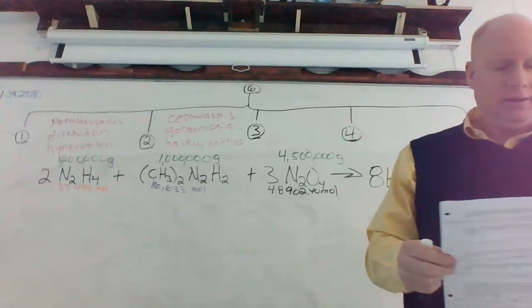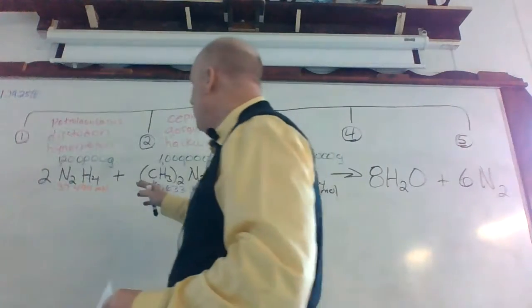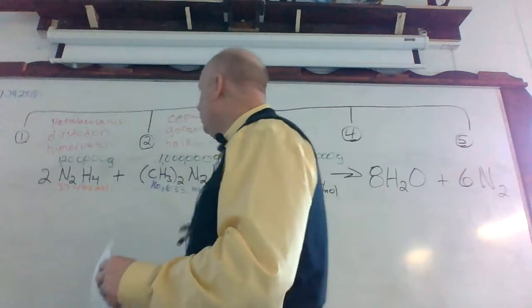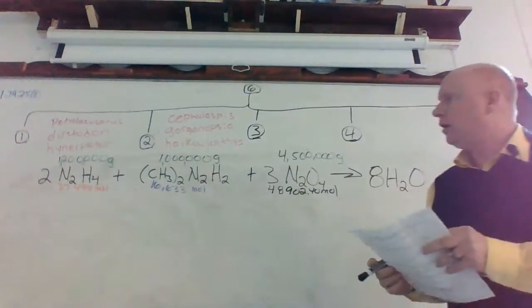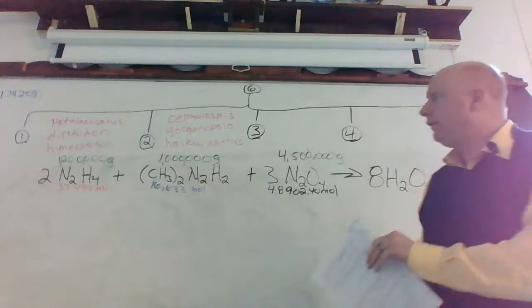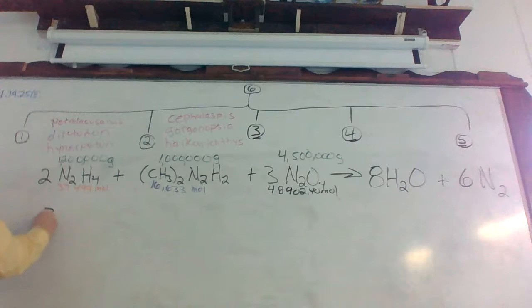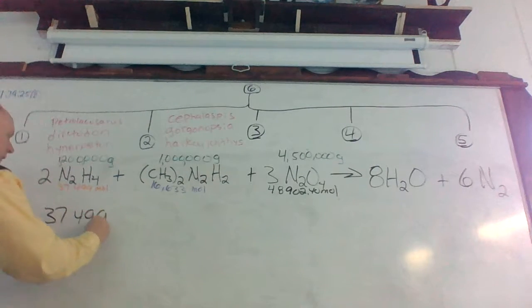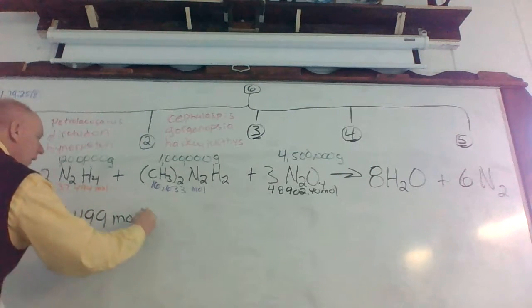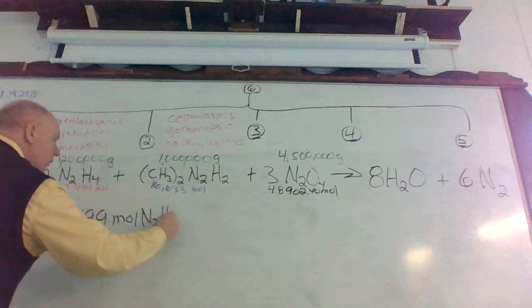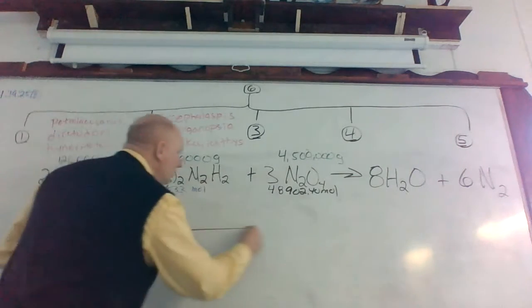And for instance, I think when I worked through this, I just worked from left to right. So if we have 37,499 moles of N2H4, we're going to convert that to what then?